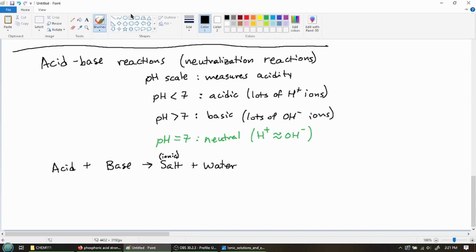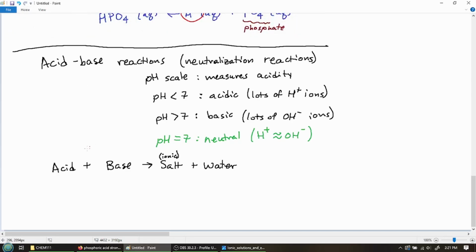Let's look at a couple examples of this. We've already seen a couple. One of our archetypical examples is going to be hydrochloric acid plus sodium hydroxide. And of course, both of these are going to be aqueous. When we do this reaction, what we mean is that all of this is dissolved in water.